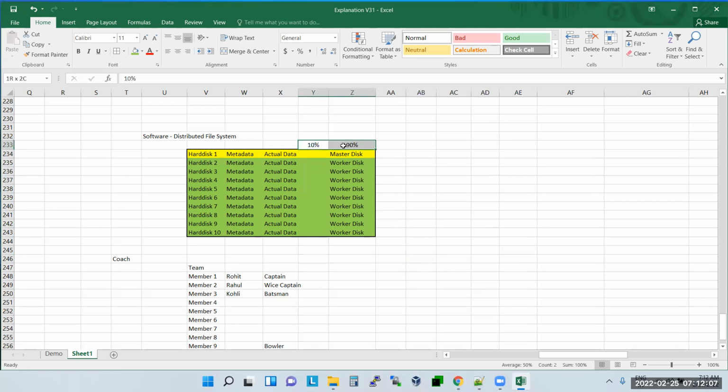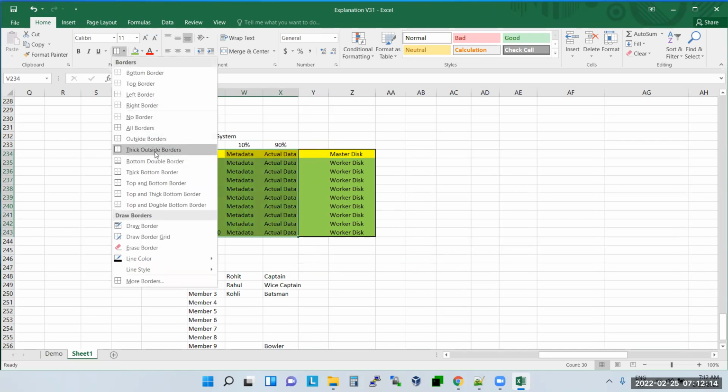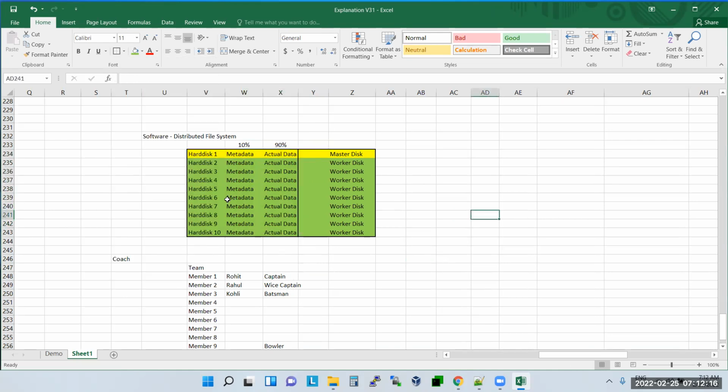Metadata will be 10%. Actual data will be 90%. Only this software knows that this is a master disk. As per the software, this is a master disk, and these are worker disks.